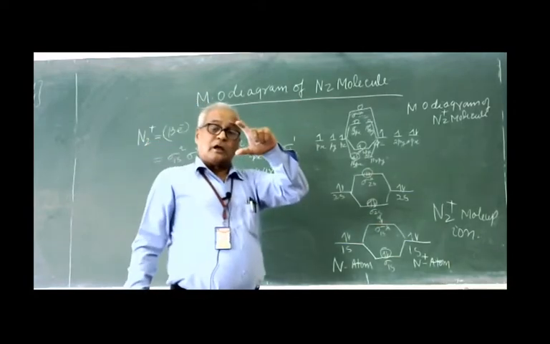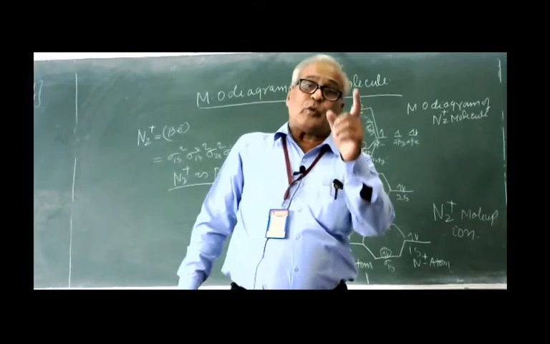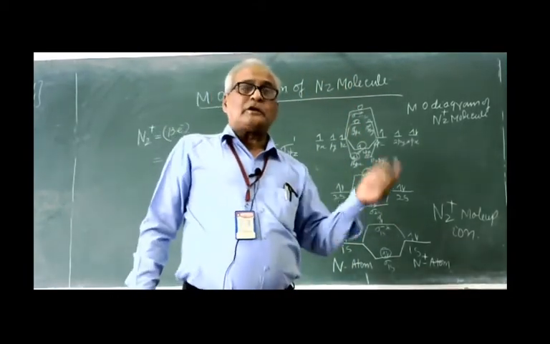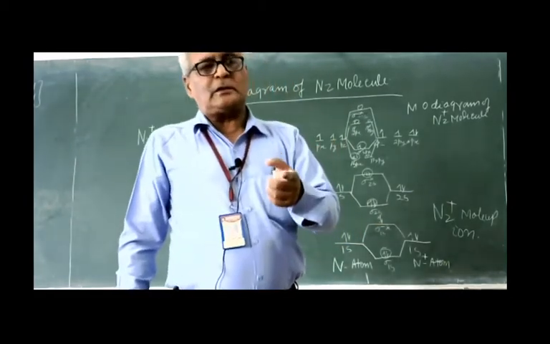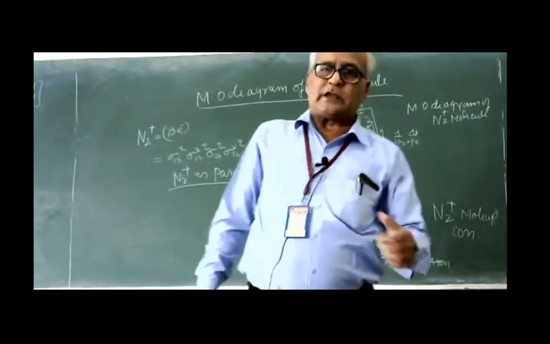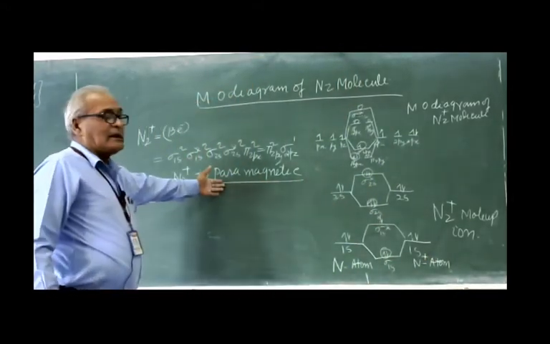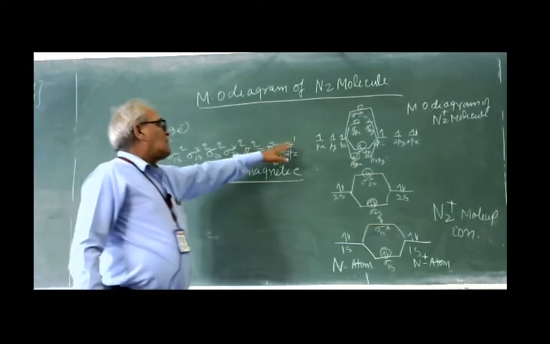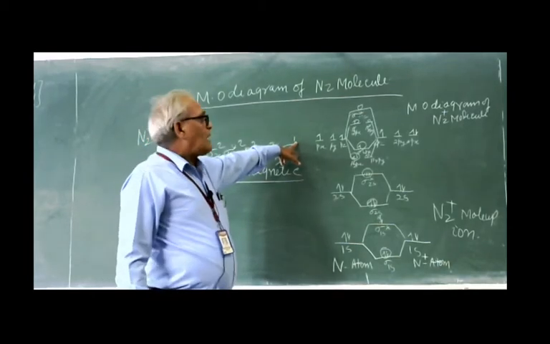Just consider N2 minus also contains one unpaired electron in an anti-bonding molecular orbital. So N2 minus is also paramagnetic, while the N2 plus molecule ion is also paramagnetic because it contains one unpaired electron.